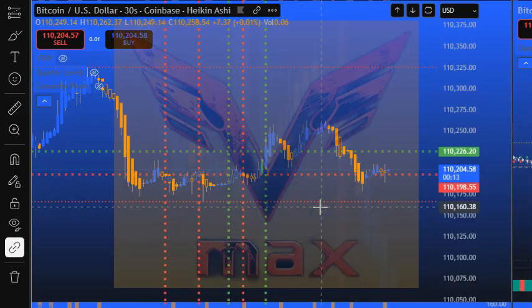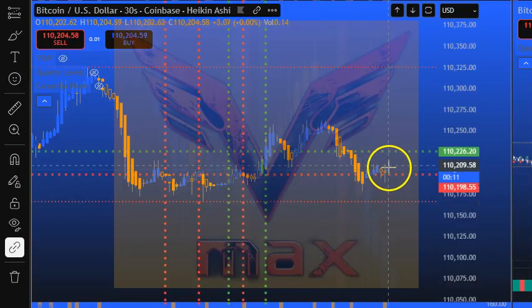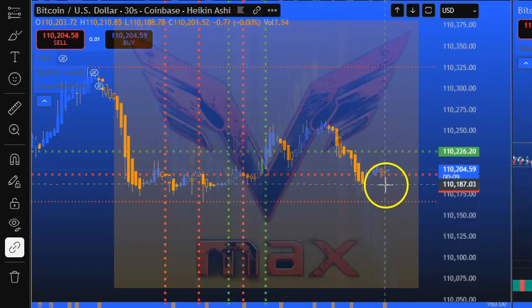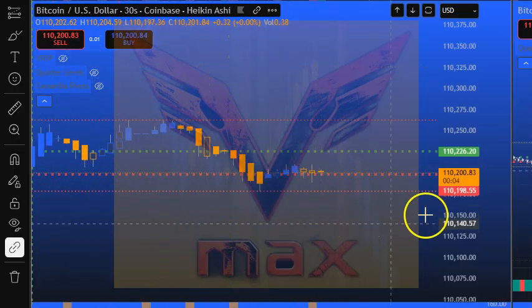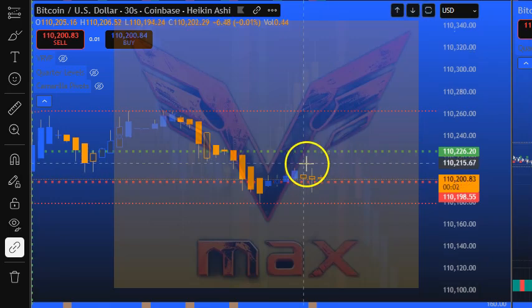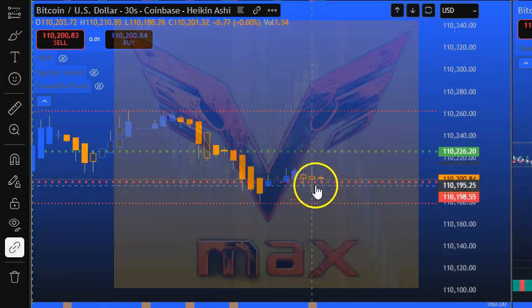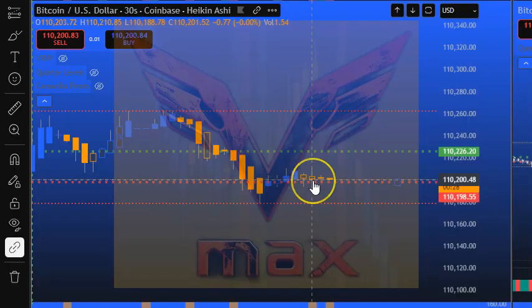Let's see here. It's really that simple. That doji candle, some people call it firefly, that candle of indecision, that's your next target, and that's where your stop loss goes.